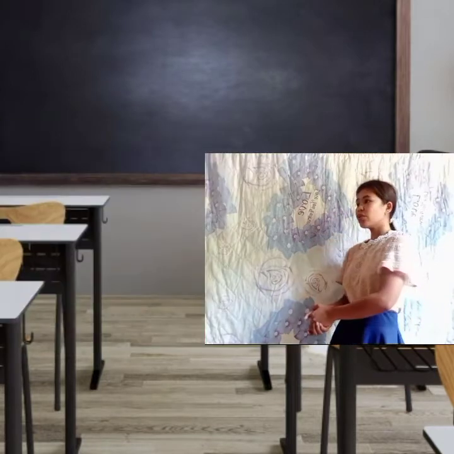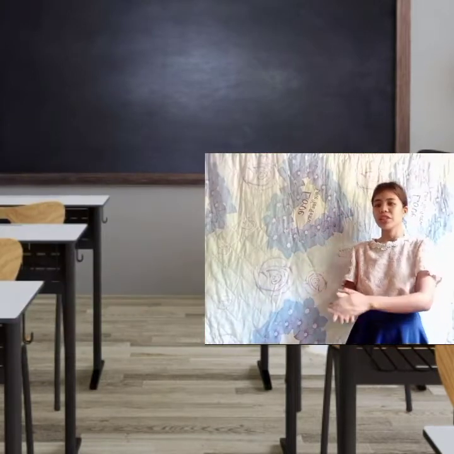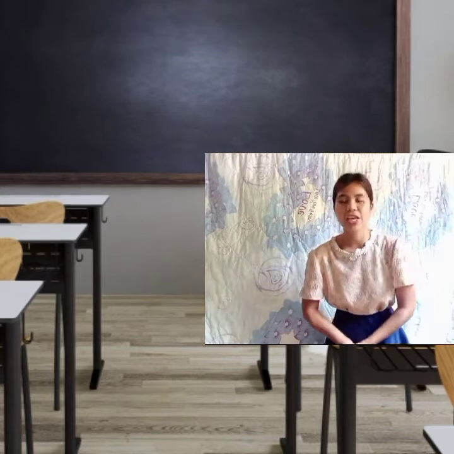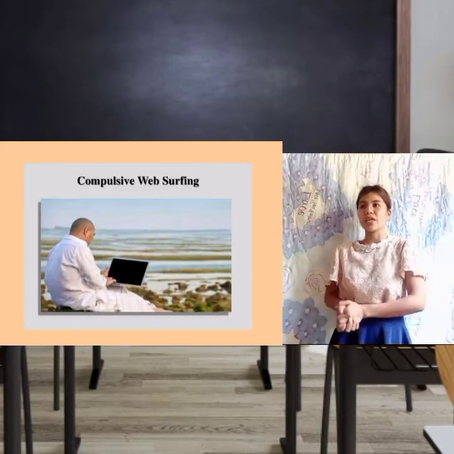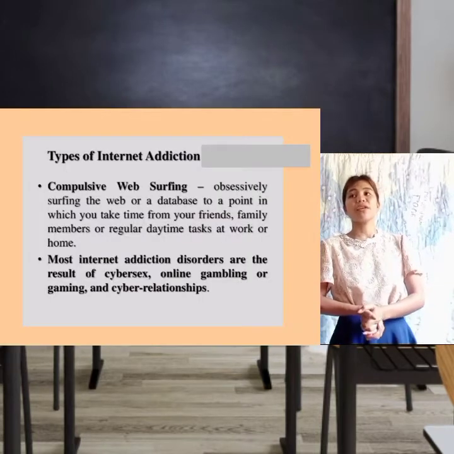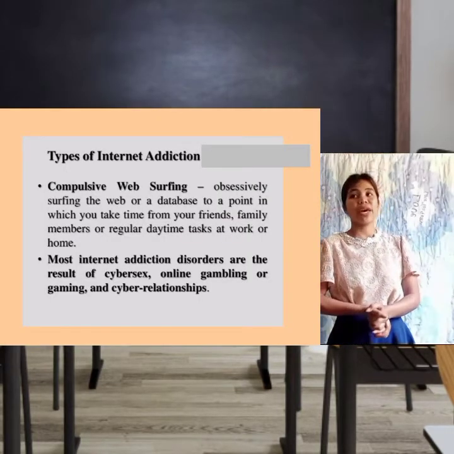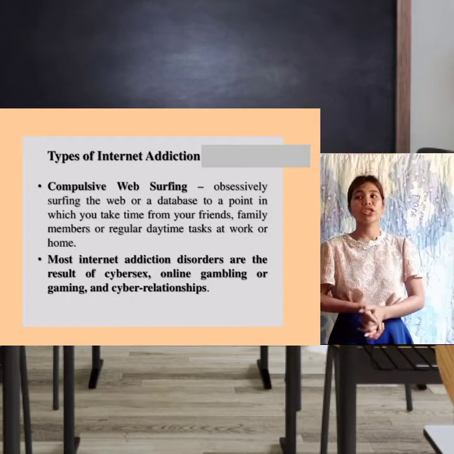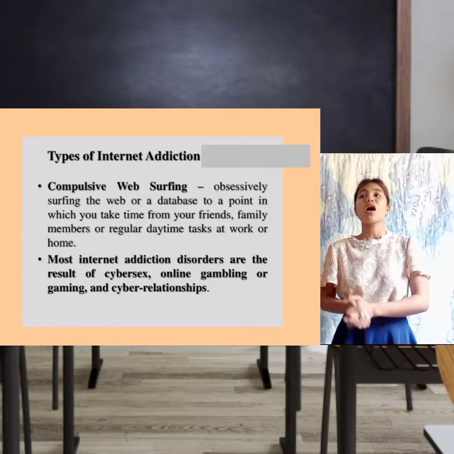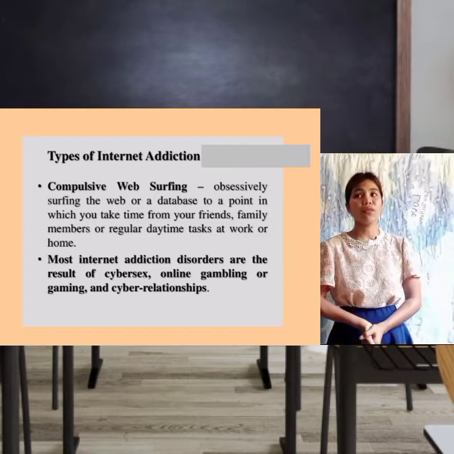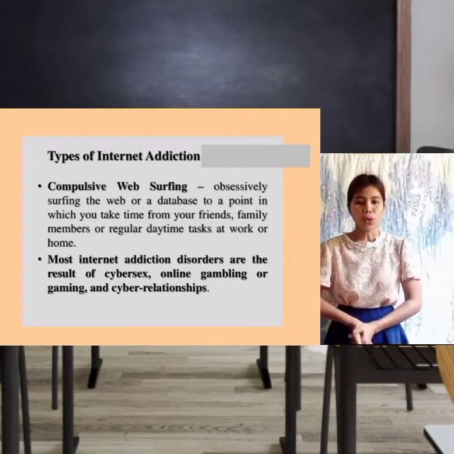So the last one, class, who can read? Yes, Rods. Okay, thank you. The next is compulsive web surfing: obsessively surfing the web or databases to the point at which you take time from your friends, family members, or regular daytime tasks at work or home.